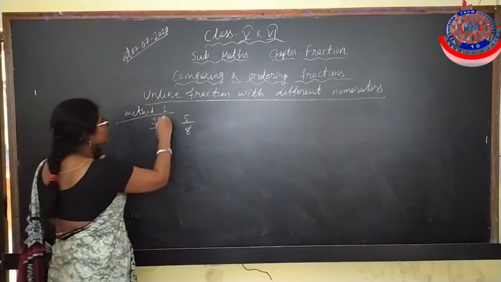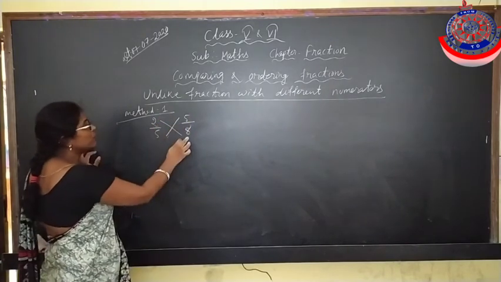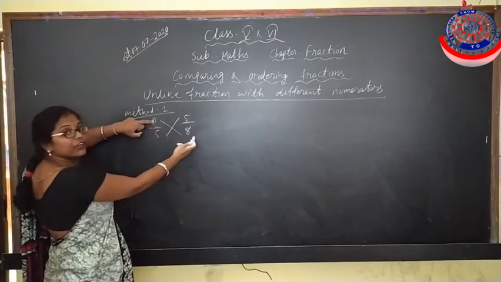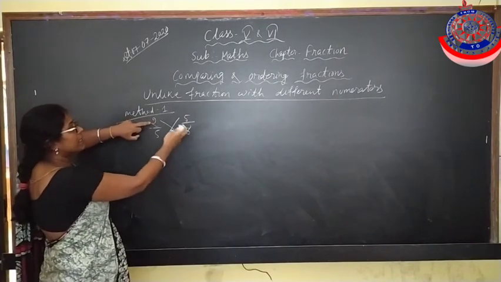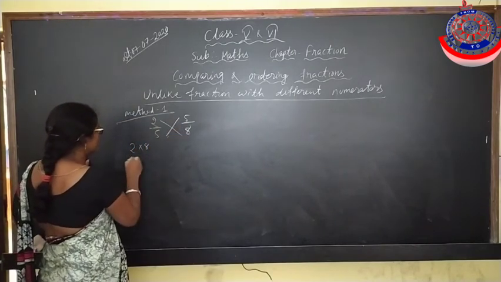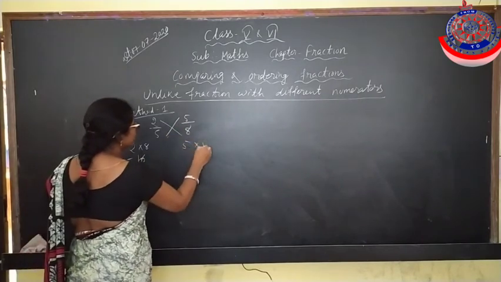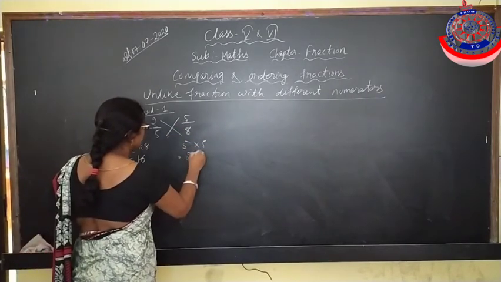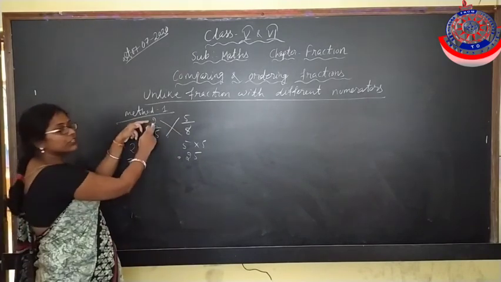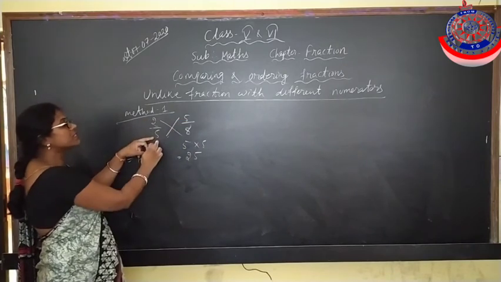We just do cross multiplication. Numerator of the first one with denominator of the second: 2 into 8 equals 16. Now we do 5 into 5, that equals 25. That is, first numerator with second denominator, second numerator with first denominator.